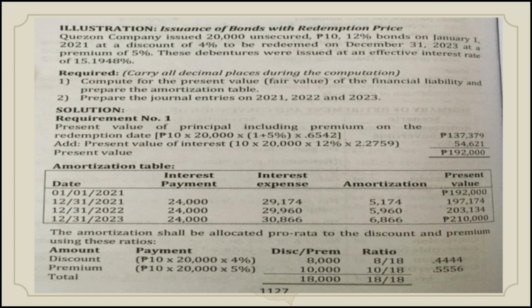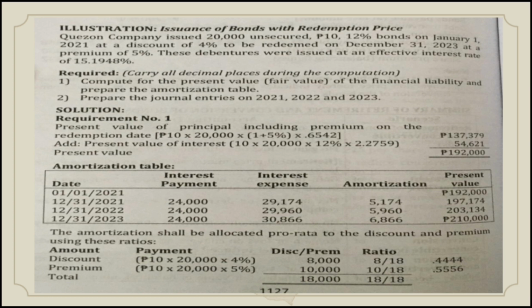Requirement number 1 also requires us to prepare an amortization table. The interest payment each year is 20,000 times 10 times 12%, which is equal to 24,000.